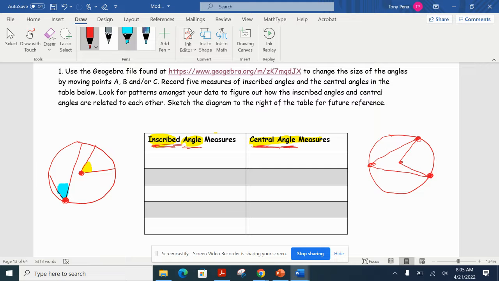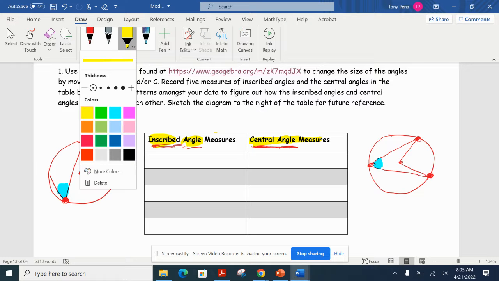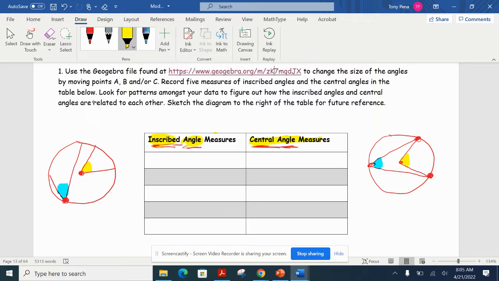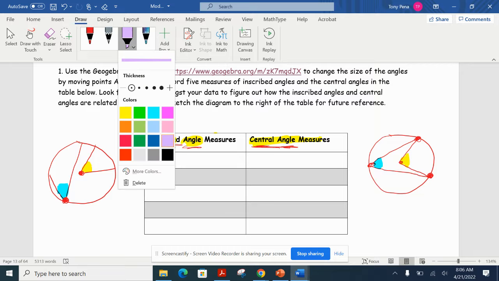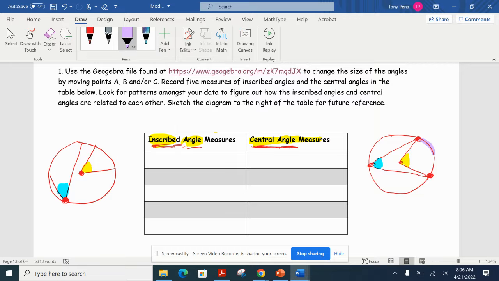So now we have both. We have the inscribed angle right here, we have the central angle right here, and notice how they both, when they hit the circle, create this arc right here.